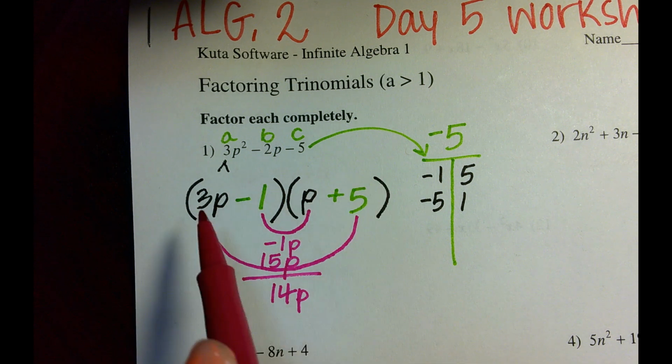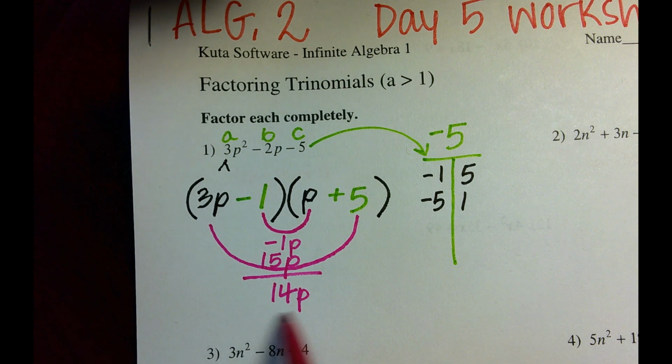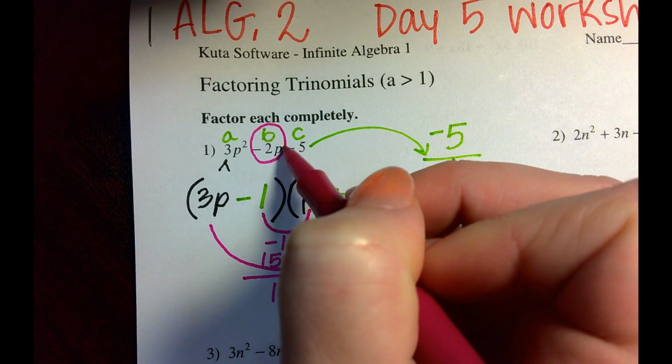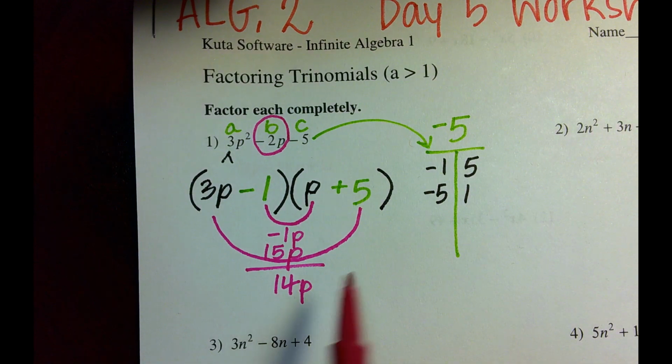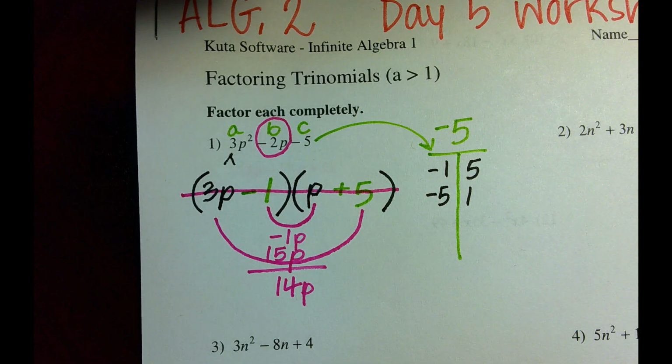So, what does this 14p tell us? That this is not our answer. How will we know when we have an answer? Yes, our addition problem that we just did here needs to be the same as our middle term, which is -2p. Since this did not give us that same middle term, this is not our answer, so we need to try the next pair of factors.